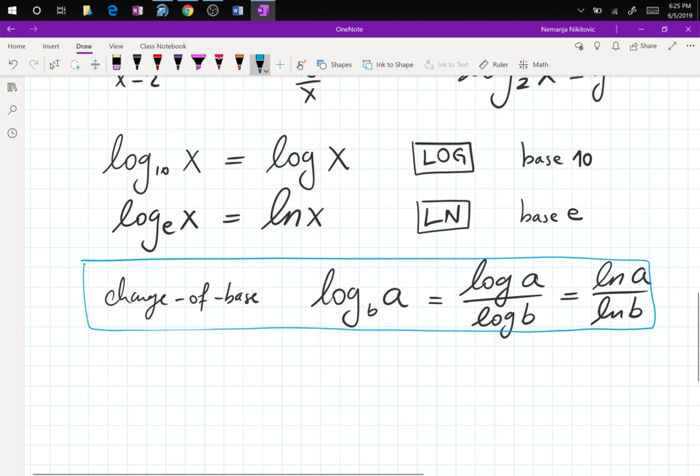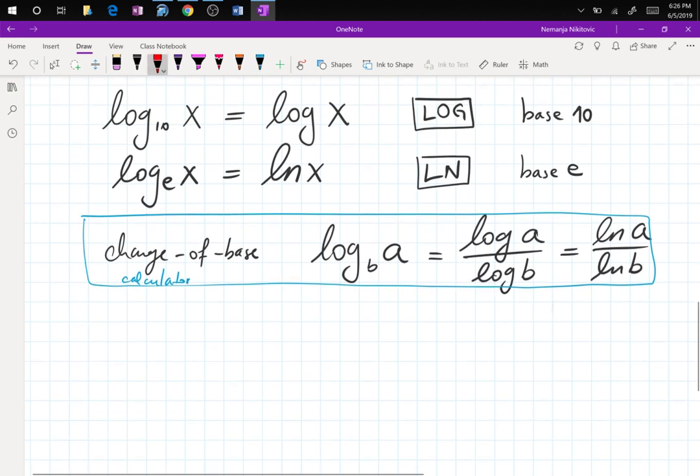So that's change of base, and you only use this if you need to compute stuff using a calculator, right?